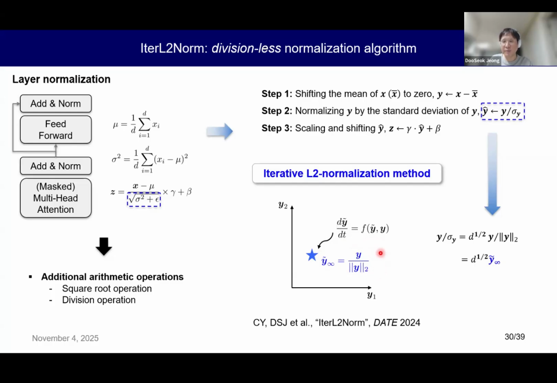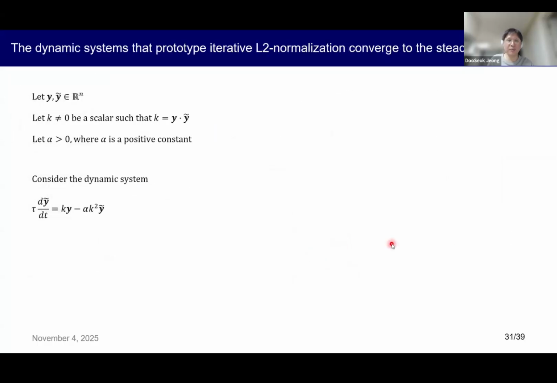So what's remaining is that we have to properly design our dynamic system. This is quite empirical. So we can design our dynamic system in this way. Let's say K is the inner product of input y and y tilde, that is, the inner product result is K, okay? And alpha is just a positive constant.